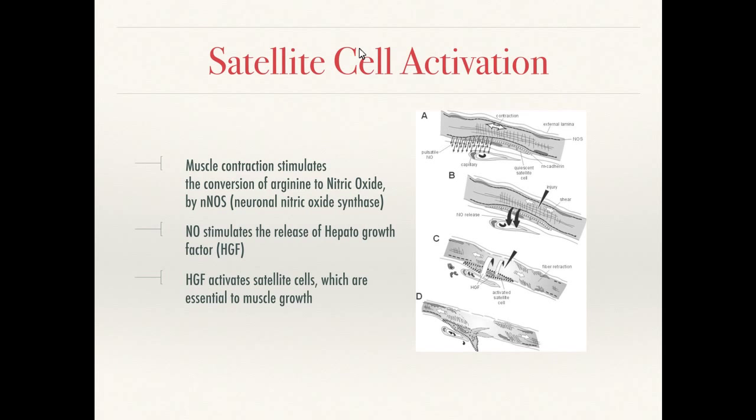So basically, that dystrophin dystroglycan complex senses that shear force. It stimulates nNOS, which converts arginine to nitric oxide. Nitric oxide stimulates the release of hepatocyte growth factor, or HGF, and HGF activates satellite cells, which again are essential for muscle growth.